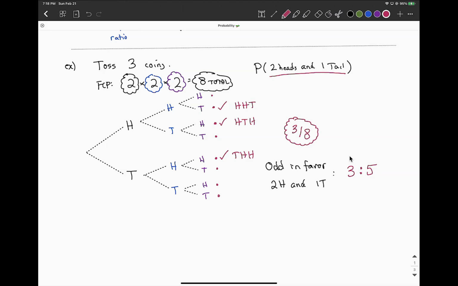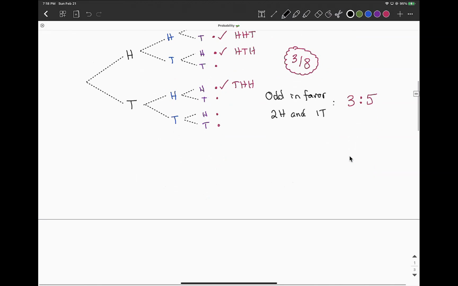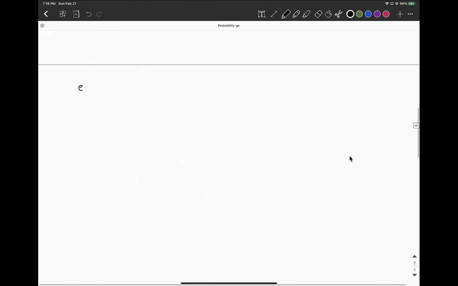Now, if there's not so many items, because there were 3 coins, I really did have to draw a tree diagram here. But if we pare it down to just 2 objects, for example, if I had 2 4-sided dice, what could this look like? What is the probability of rolling, let's just do a pair.